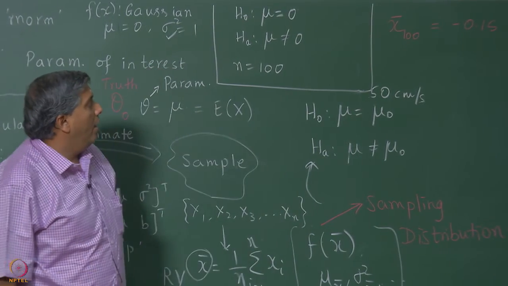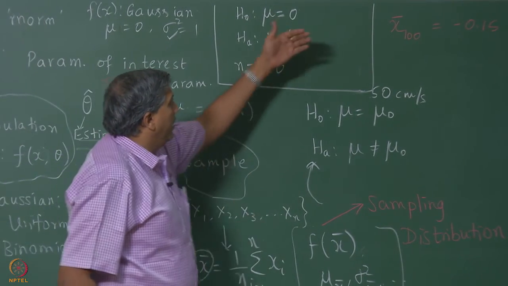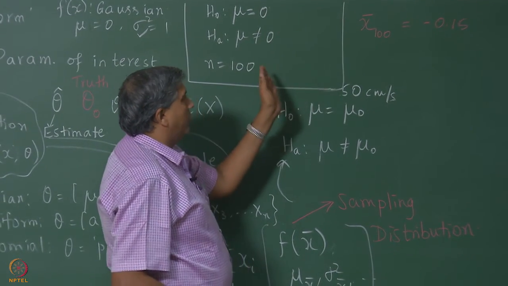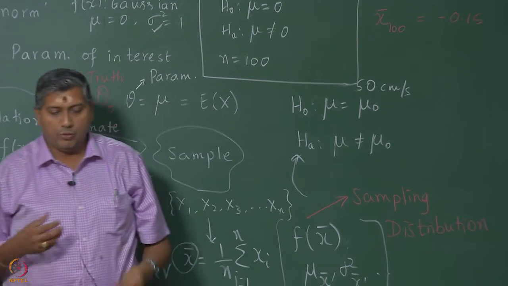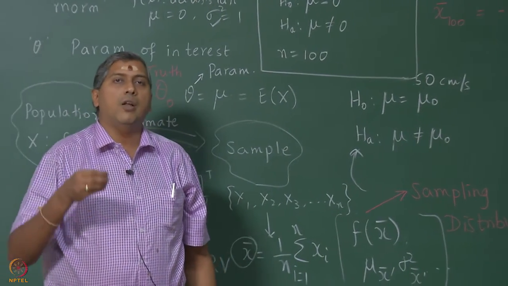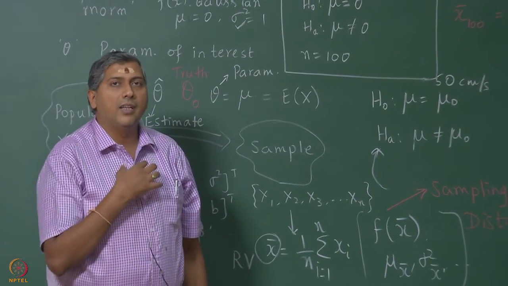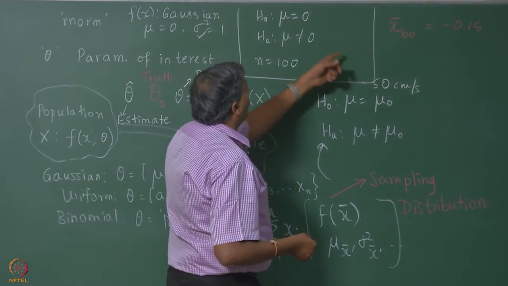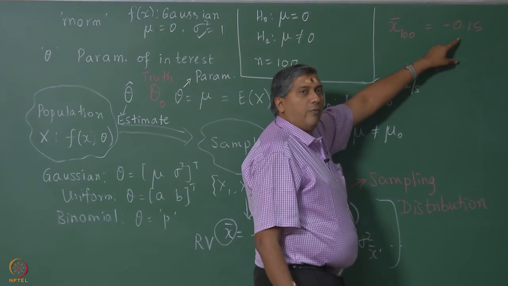All right. Now, obviously x bar is different from the truth, and we know it is going to be different from the truth. There are many ways, using common sense, I can understand what is hypothesis testing. One way of looking at it is, well, I was supposed to get 0, but I got minus 0.15.